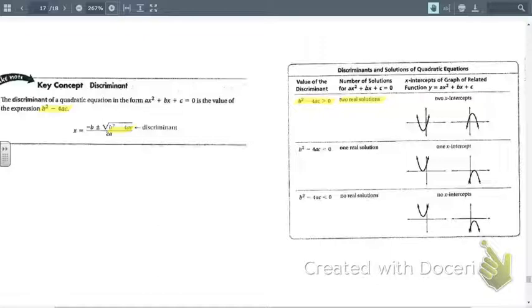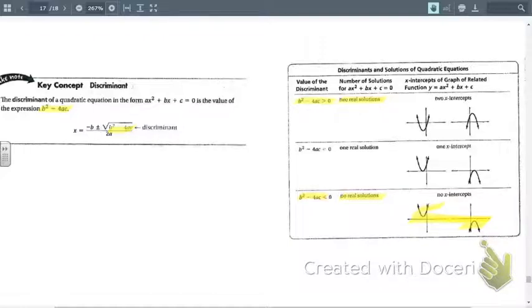Now, in the second example problem that we did, our b squared minus 4ac was less than 0. Remember, it was -47. So in that case, you have no real solutions. And again, no real solutions means that the graph of the quadratic equation won't cross the x-axis.